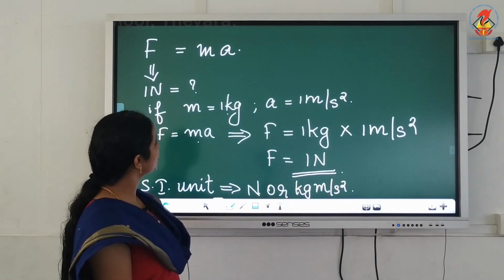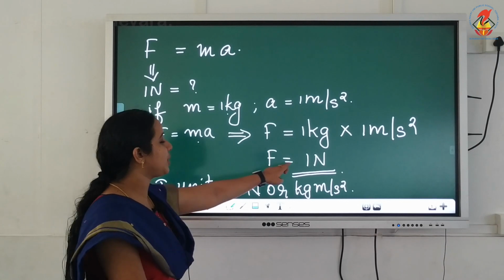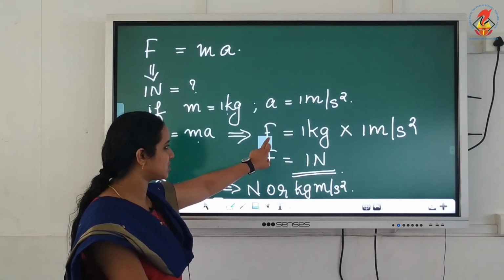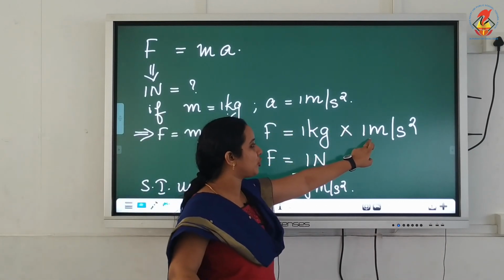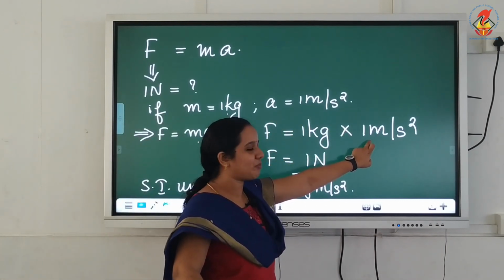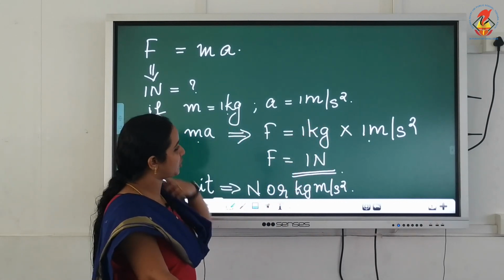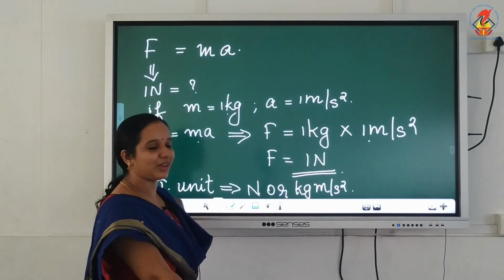So 1 Newton force is the amount of force needed to produce 1 meter per second square acceleration in an object of mass 1 kilogram.